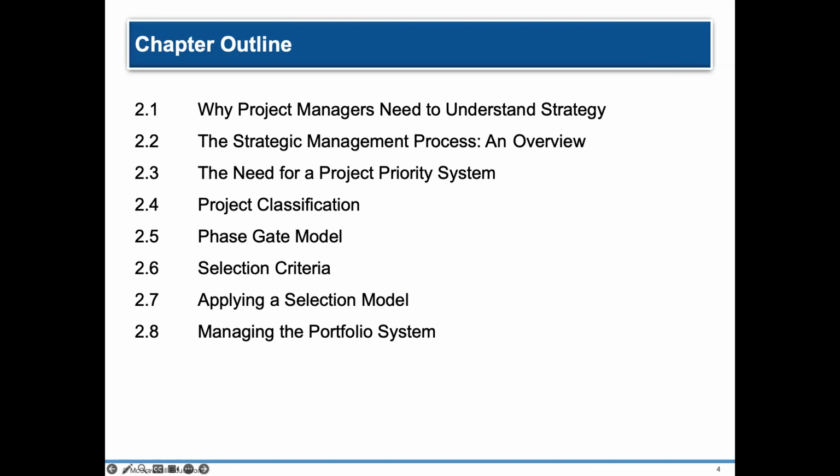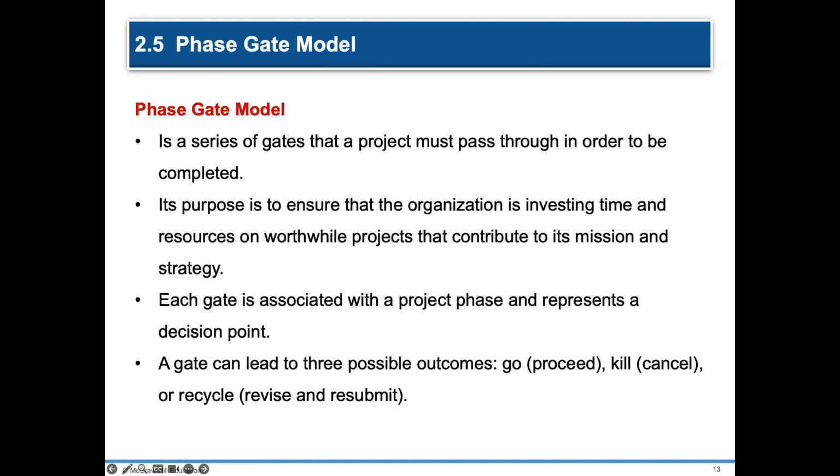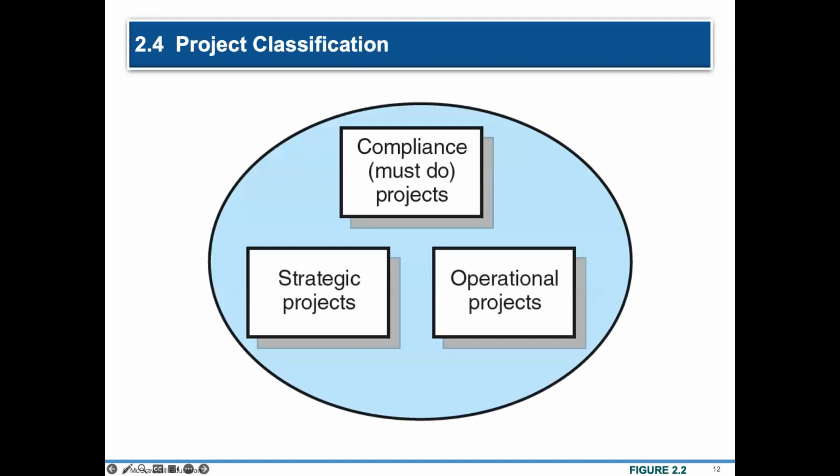So, to recap, a project has three different classifications. Compliance, meaning these are the must-do or the emergency projects, meaning you can't really do away without doing this because not doing these sorts of projects will mean penalties.